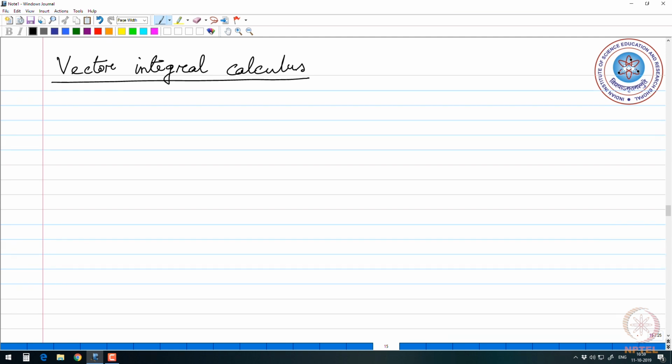There are three different types of vector integrals: line integral, surface integral, and volume integral.